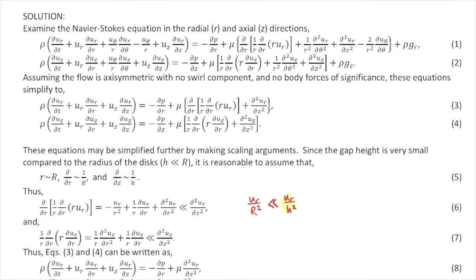This yellow term is like this term, just the order of magnitude scaling of it. And this green one is like these terms. So basically you see that d squared u r dz squared will in general be much, much bigger than this viscous term. And so we can eliminate this term from our equation. It's going to be much smaller than the other viscous term.